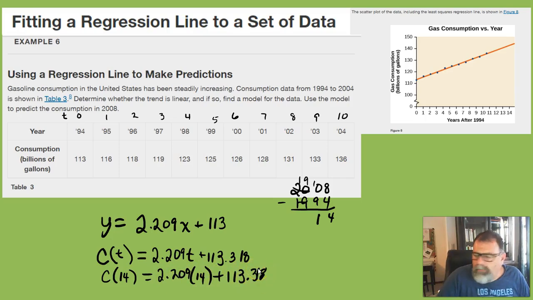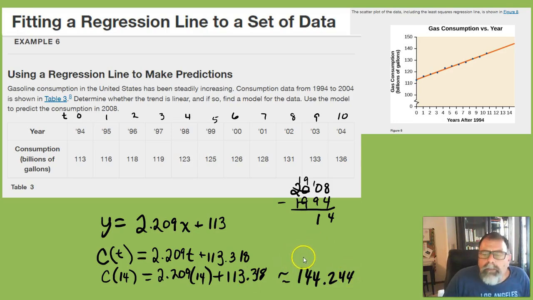All right, let me get my calculator out here. 2.209 times 14 plus 113.318. So that's going to be about 144.244. So it's going to be about 144 billions of gallons of gasoline.